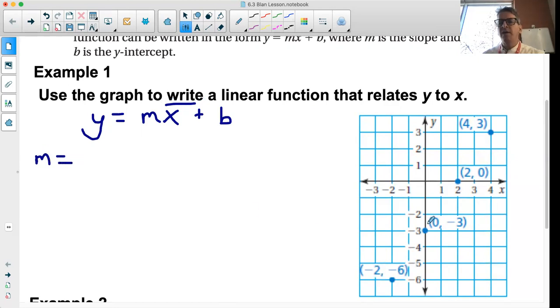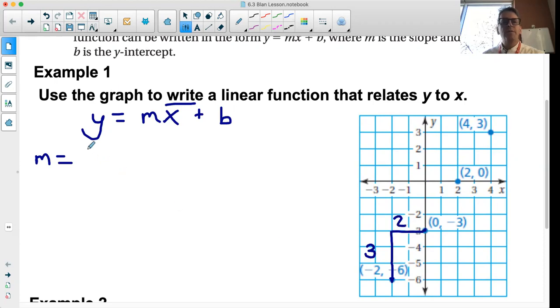Now, I'm not going to draw a line through these points, but I am going to start with this point right here. I'm going to go from this point down here over to this point here by rising 1, 2, 3 units and running 2 units. So I'm going to go up 3, over 2.